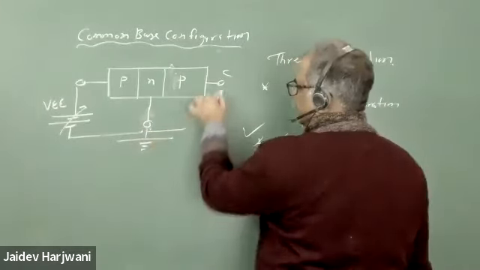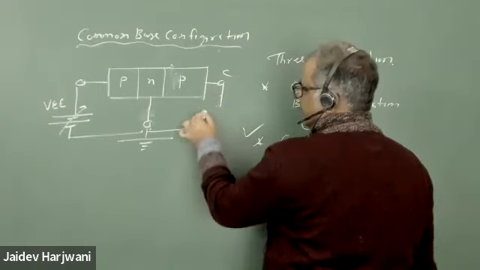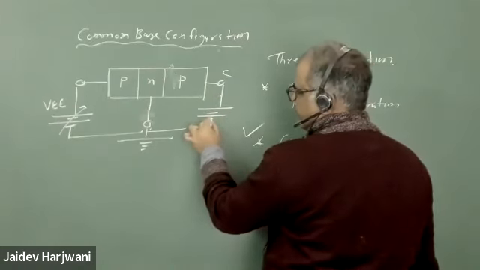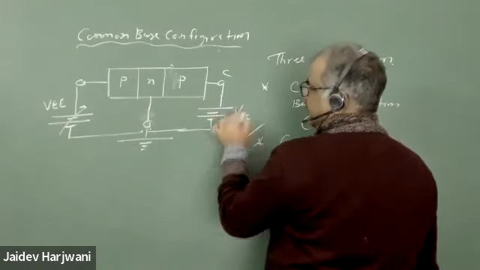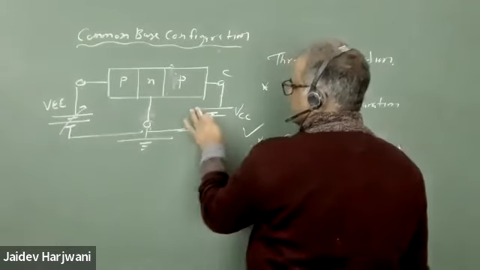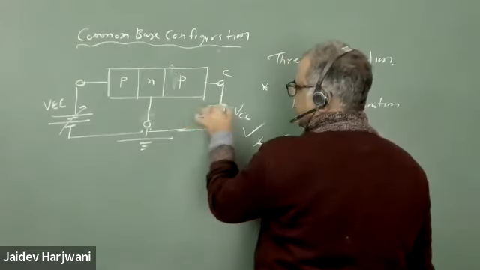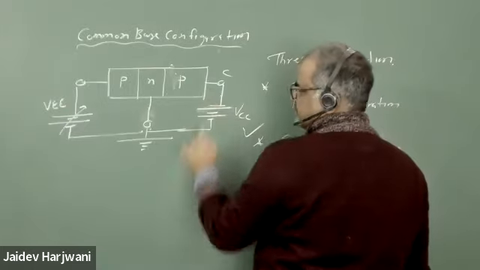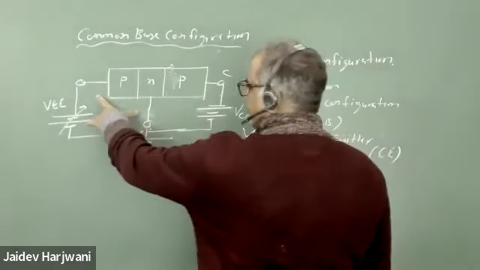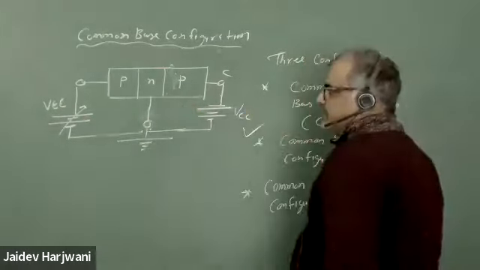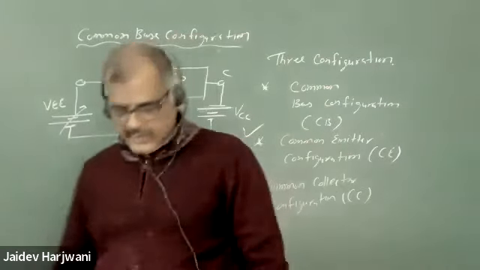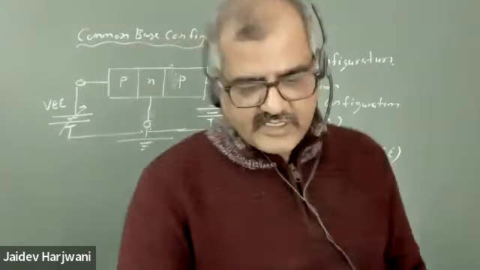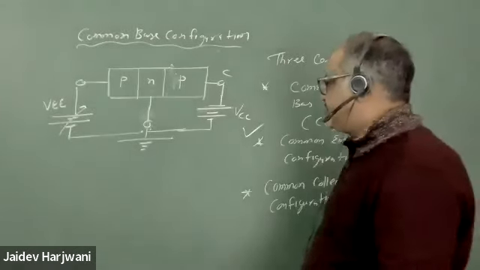And here we have the collector, so let me call this battery VCC. Now this is a PNP transistor, so I need to make this negative to give reverse bias. This junction should be forward bias and this junction should be reverse bias, if we are going to operate the transistor in the active region, that is for amplification purpose.